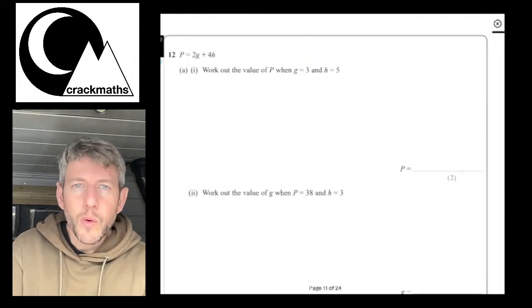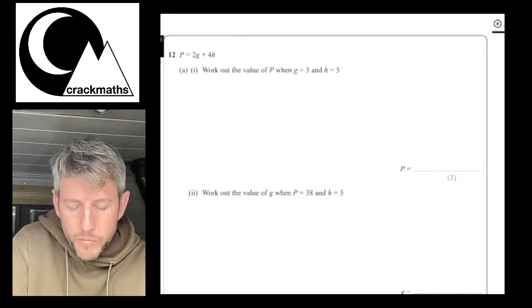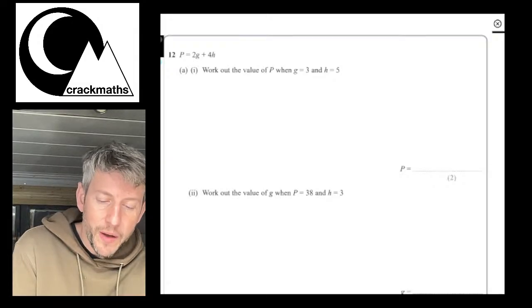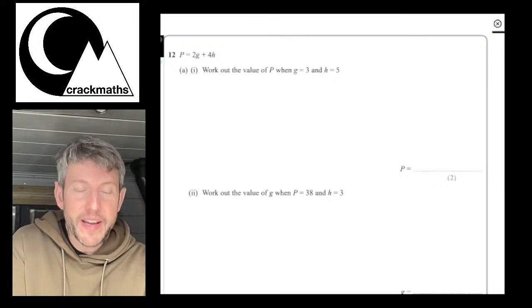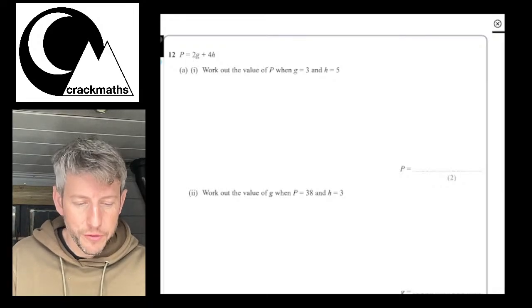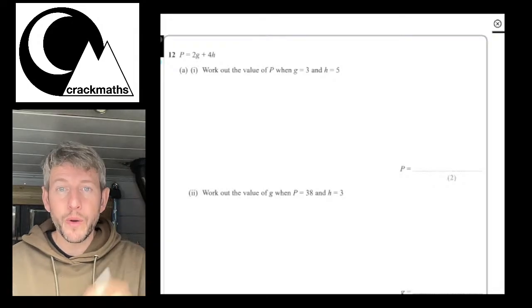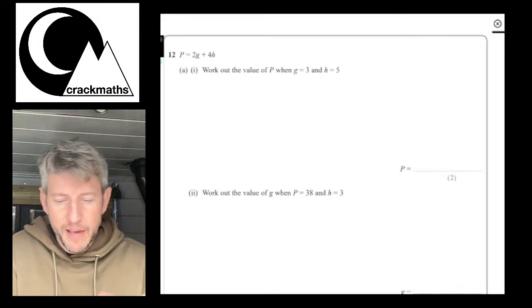Okay. Question 12. What we have here is P equals 2G plus 4H. Work out the value of P when G equals 3 and H equals 5. Remember with a formula, whenever we see letters and numbers next to each other, it means we're multiplying them together.